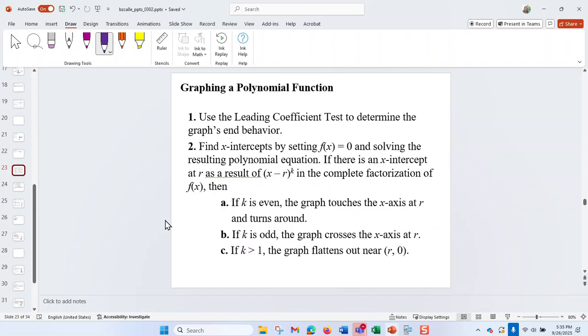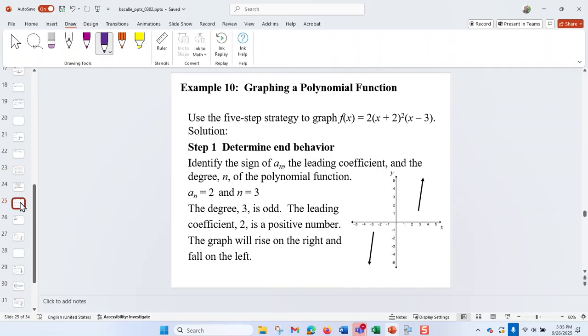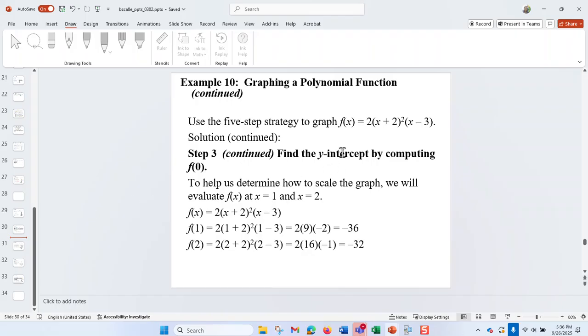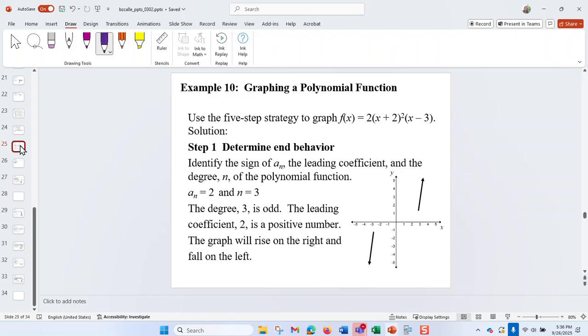All right, so that is this one right here. You can also find the x and y intercept. Look at this one right here, that's another example. So this one right here, you have x plus 2 squared times x minus 3. This is multiplied. So if you cover the (x plus 2) here, this will be x squared. You cover the (x minus 3) here, this will be x.